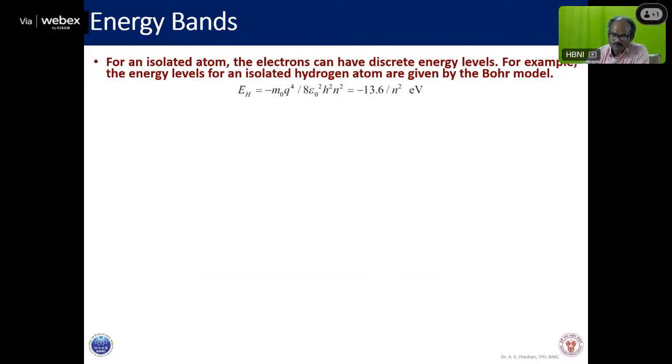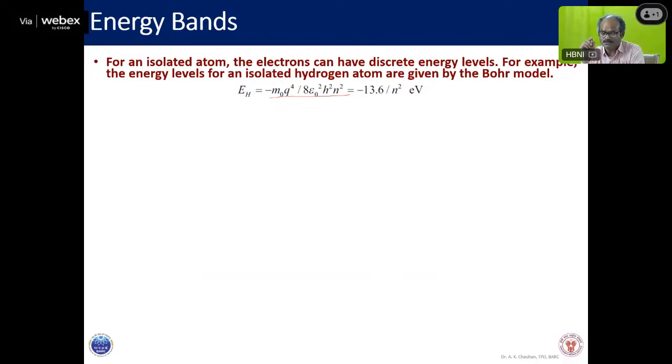For example, for the hydrogen atom, which is the simplest one, the energy levels are given by this particular equation, which everyone of us has studied. So you have an atom, and the electron inside that atom can only attain certain amounts of energy, or it can reside in certain energy levels.